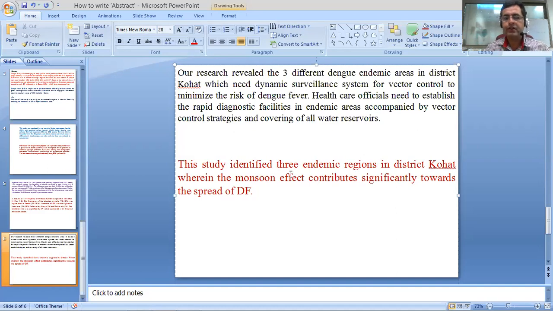Over a certain period of time. And that's why you have stated here, on the basis of your reserves or the incidence rate in different areas, you have come up with this conclusion that there are 3 endemic regions in cohort districts.